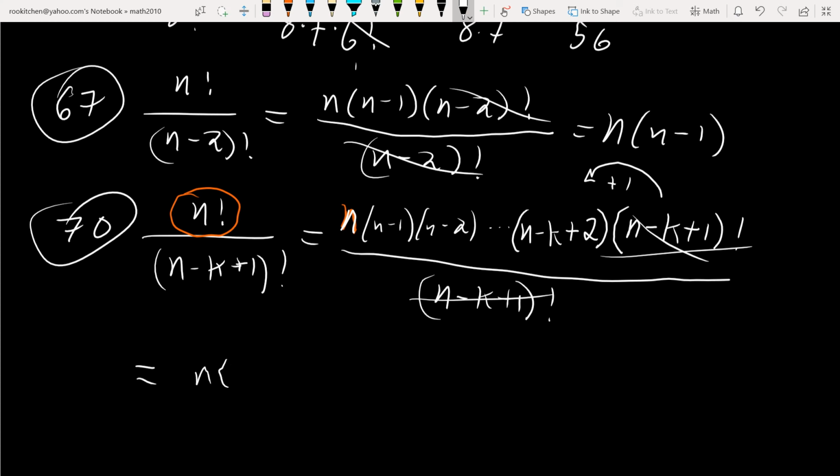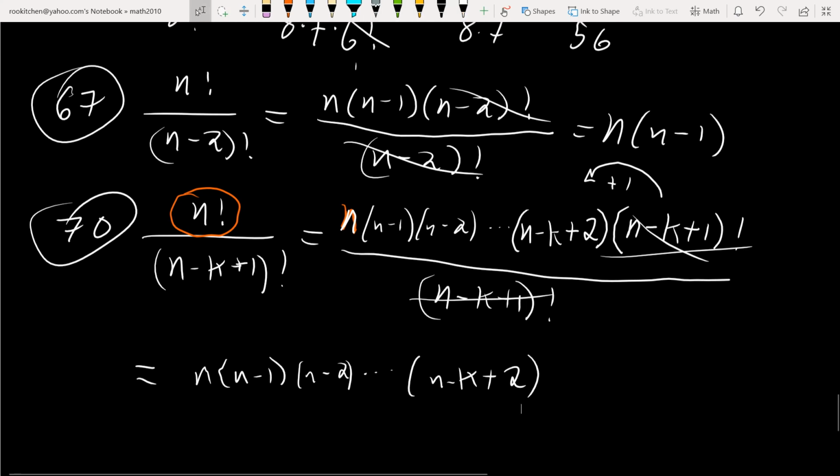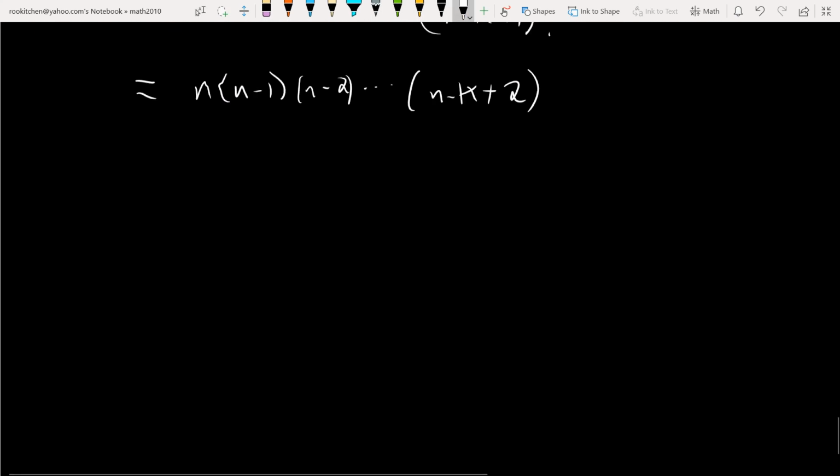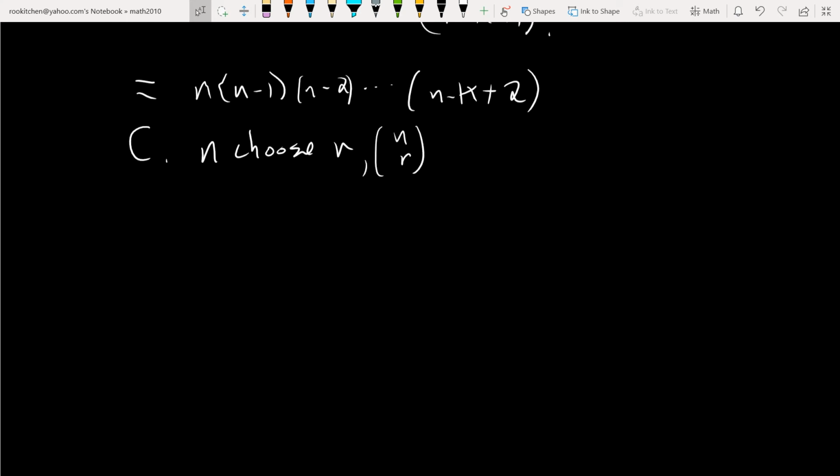Be n times n minus 1 times n minus 2, dot dot dot, all the way down to n minus k plus 2. Okay. All right, the next topic then is the n choose r notation. N choose r, they also write n choose r.